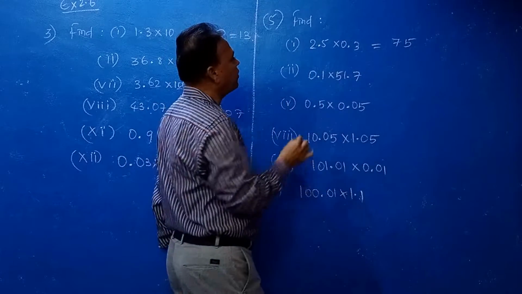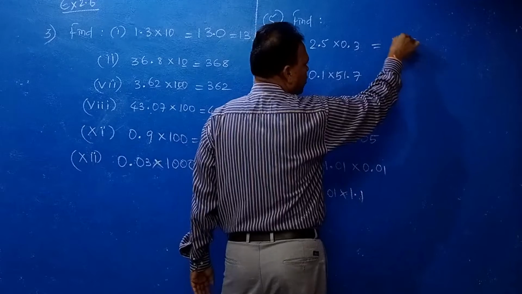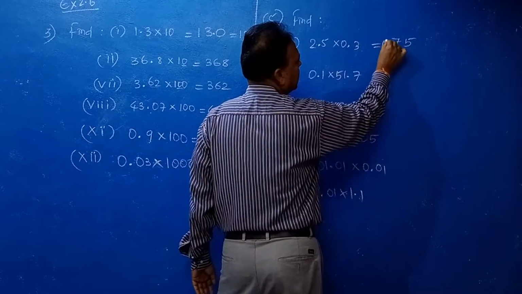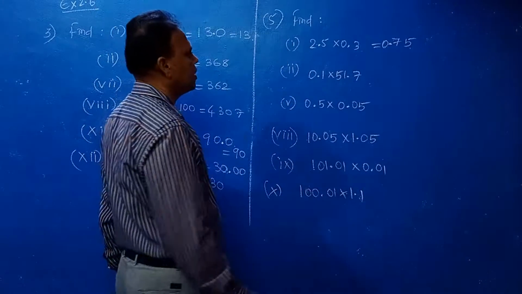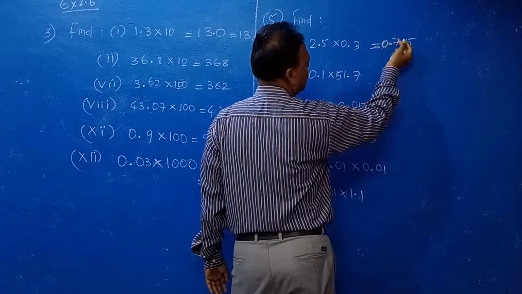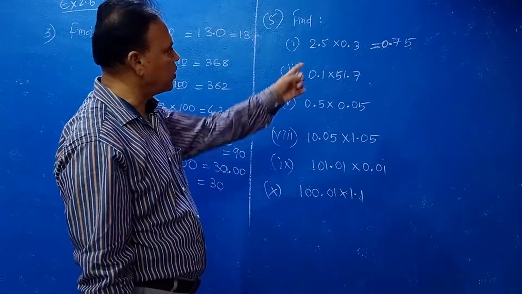Now after the decimal, one digit here, one here, total two digits. So leave two digits from the right and keep the point. 0.75. For understanding, you can add a zero as the integer part.